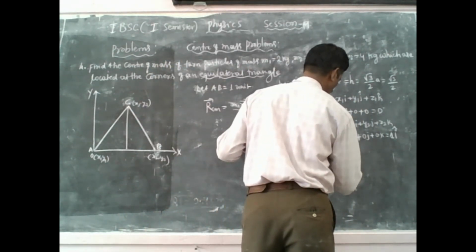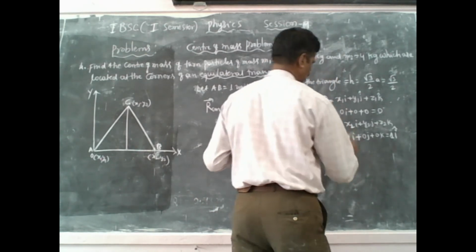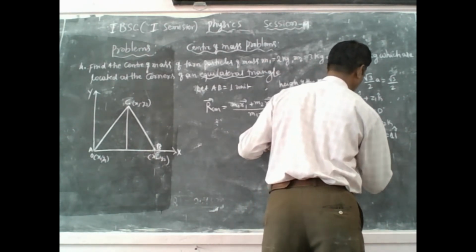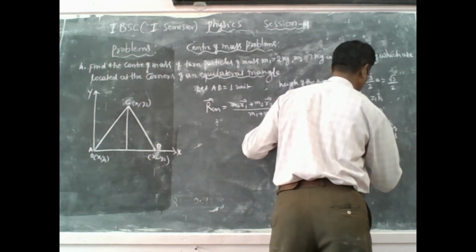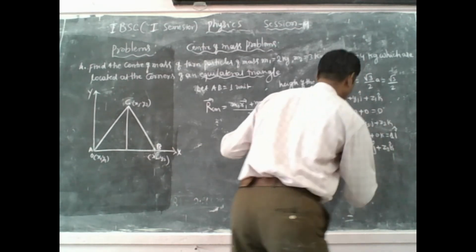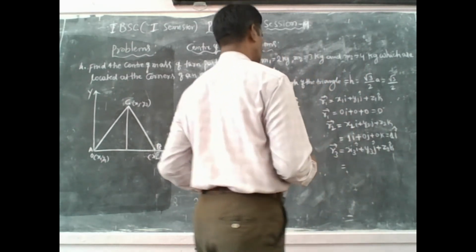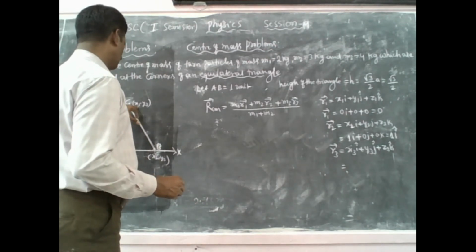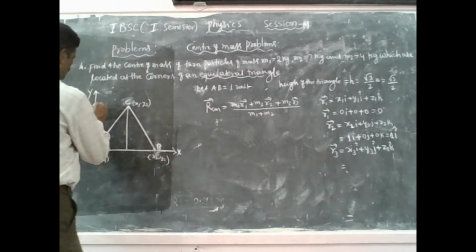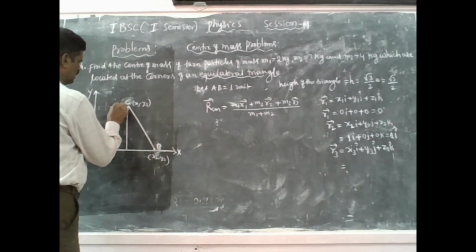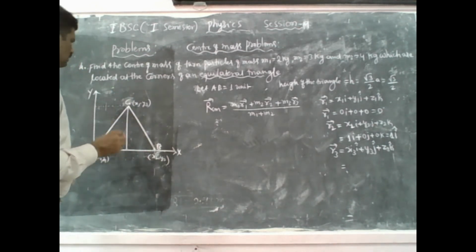And R3 is equal to x3 i plus y3 j plus z3 k. Now what is x3, y3 and z3? Here x3 is equal to half, because the peak of the triangle is situated at this distance, isn't it?